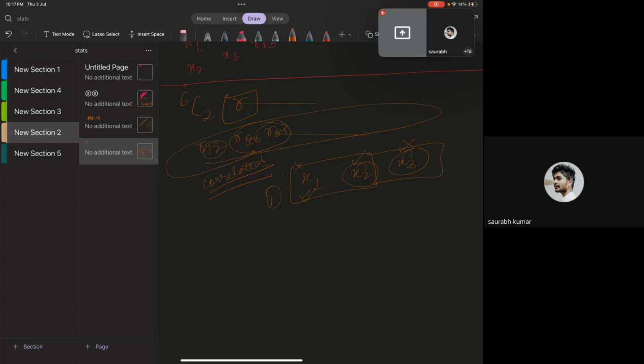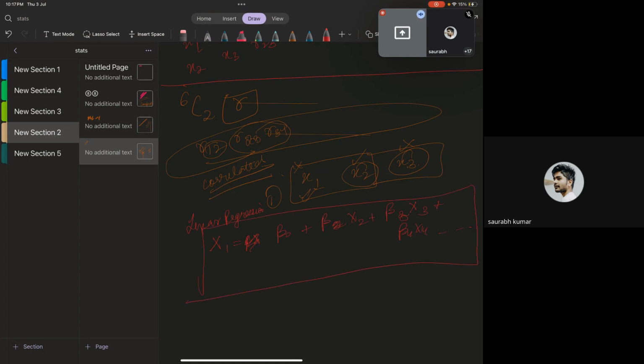So we need something that establishes a relationship. How about we establish a linear relationship, nothing but a linear regression, between x1 and beta naught, beta 1 x2, beta 2 x3, beta 3 x4, till beta 5 x6.